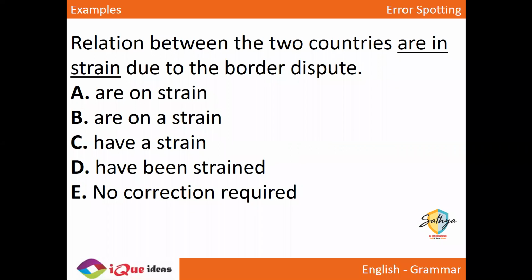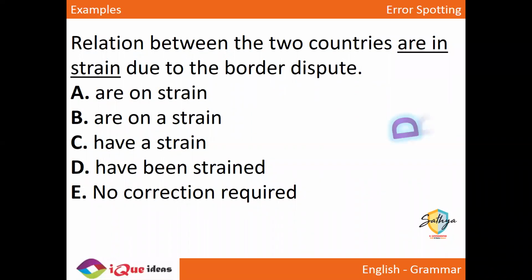Majority getting it. So one thing we need to understand is strain in relation is not something which happens on its own, right? Strain in relations is always because of some external condition. It does not happen internally, right? अपने आप तनाव नहीं हो जाते, किसी की वजह से होते हैं. So we don't say that they are in strain or on strain. They have been strained. Somebody else has caused it. Something else has caused it.